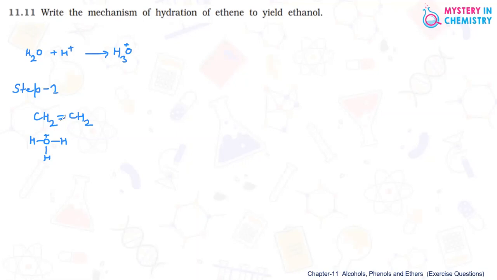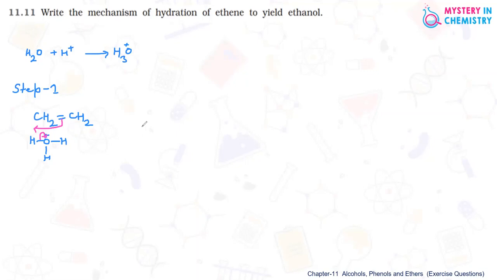So this electron pair, which is forming a double bond here, is coming in between carbon and hydrogen. So by arrow we have to show this. This electron pair is coming in between carbon and hydrogen. And this electron pair, which is in between oxygen and hydrogen, is going back to oxygen.